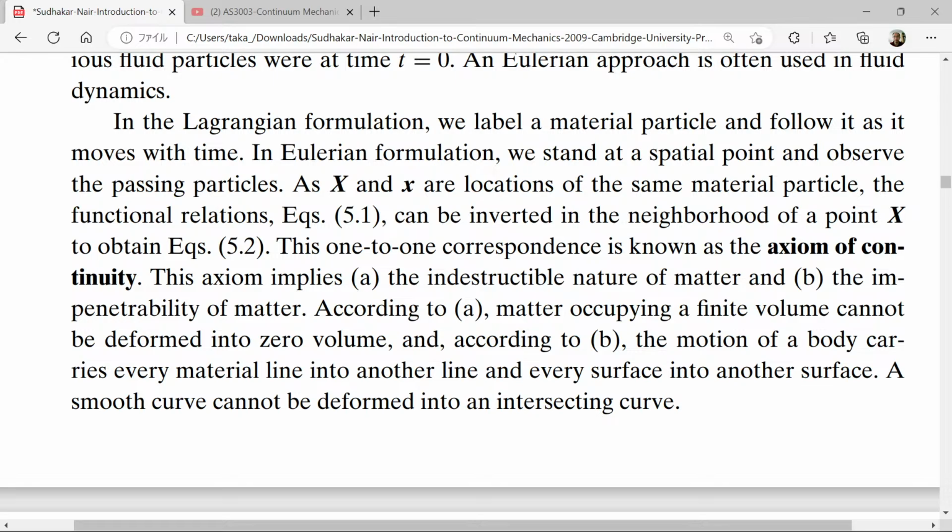A smooth curve cannot be deformed into an intersecting curve.